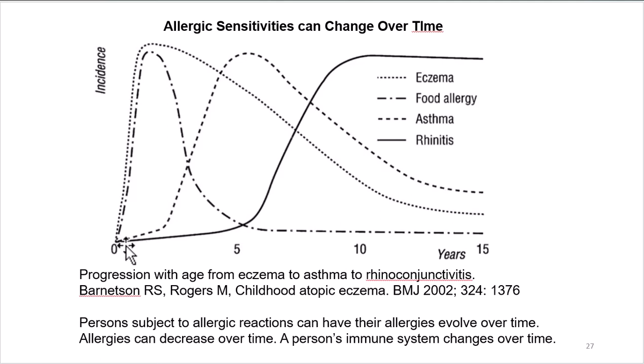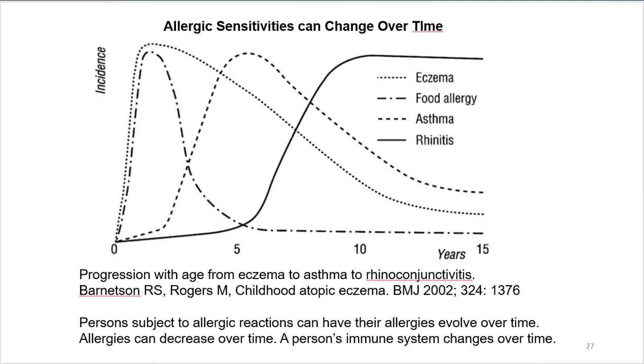Here we see, and this is actually from a study where they studied thousands of people, people between ages of 0 and 5 had a food allergy and it went away. But then later on, people develop things like nose allergies in the linings of the nose, and that became more prevalent.